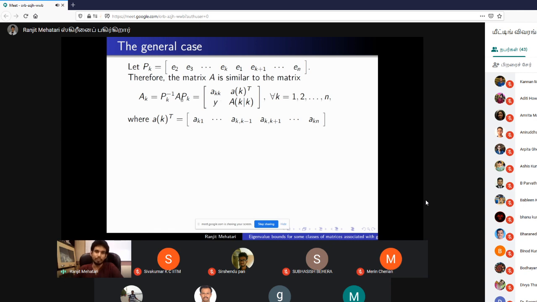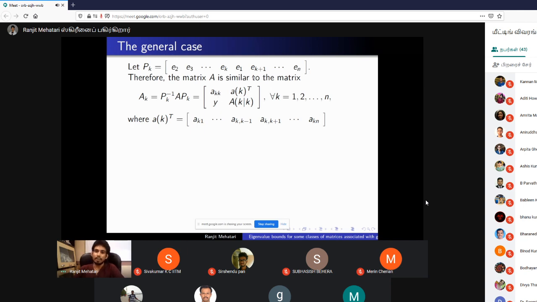What we are doing is just interchanging rows and columns of the matrix A. The first row of A goes to the second position, the second goes to the third, the third goes to the fourth, and the kth row comes back to the first row, and similarly for the columns.